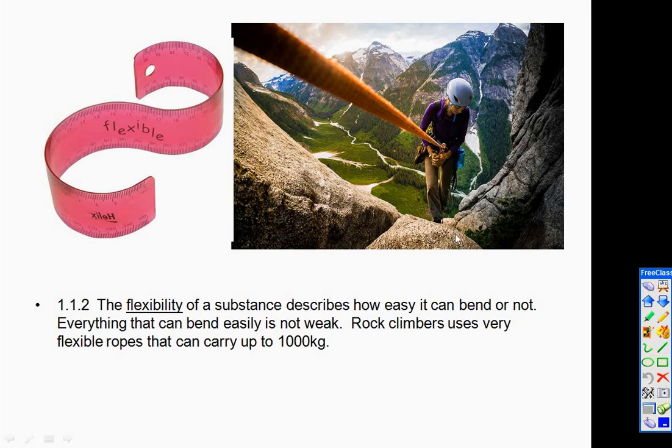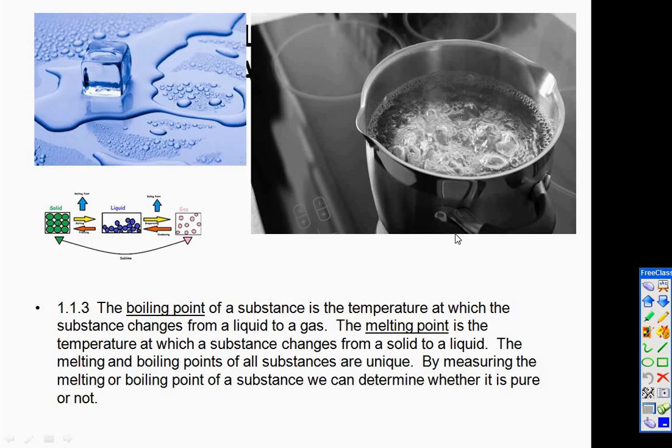Okay, so the next property of materials that we are looking at is the boiling and melting point. It is very important when we talk about the definition of boiling point. The boiling point of a substance is the temperature at which the substance changes from a liquid to a gas.